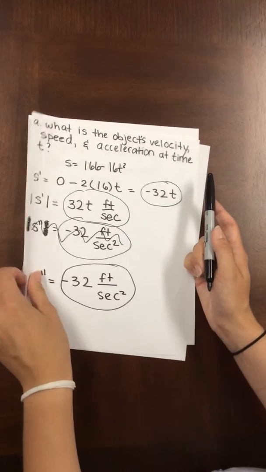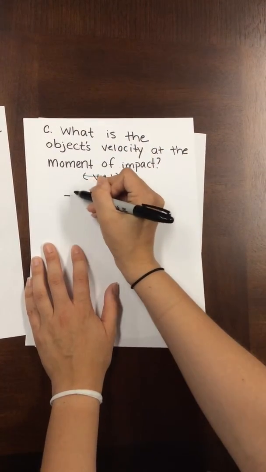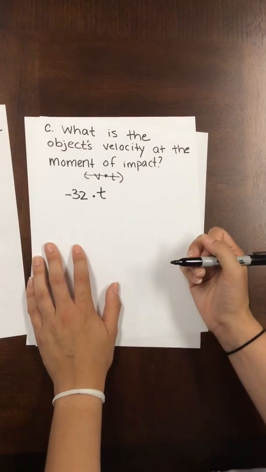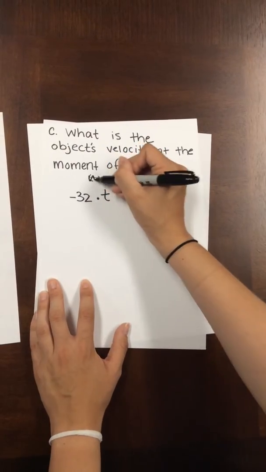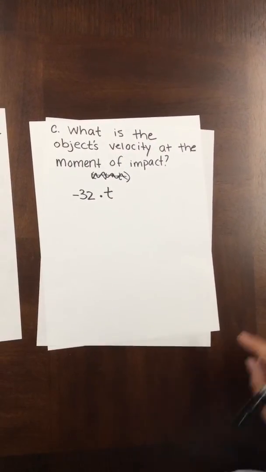So we have a negative 32 times t is going to give us the object's velocity at the moment of impact. So I'm crossing this out because we're going to use the function we got from solving the velocity.